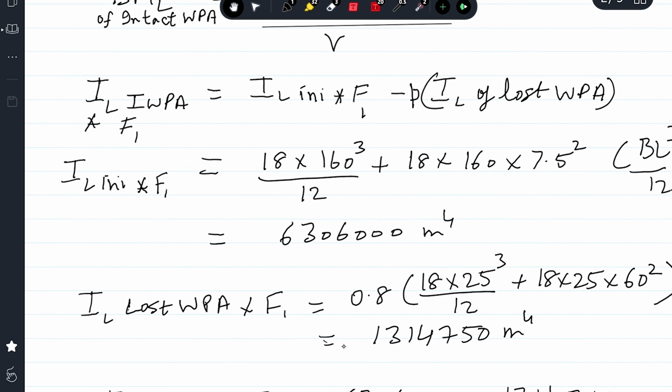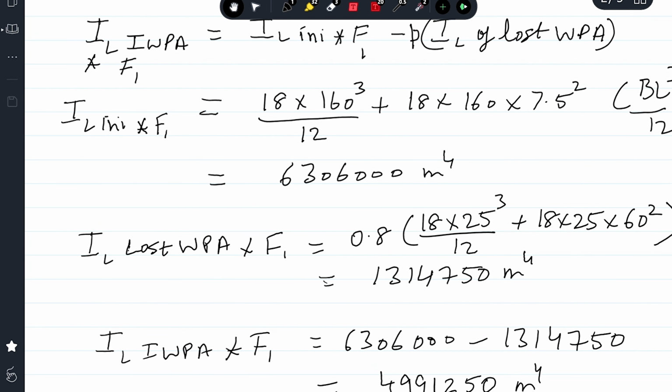Then I find the moment of inertia of the lost water plane area again about axis passing through F1. So if I do the BL cube upon 12, means breadth of the hole into length of the hole cubed, this is 18 into 25 cubed upon 12.